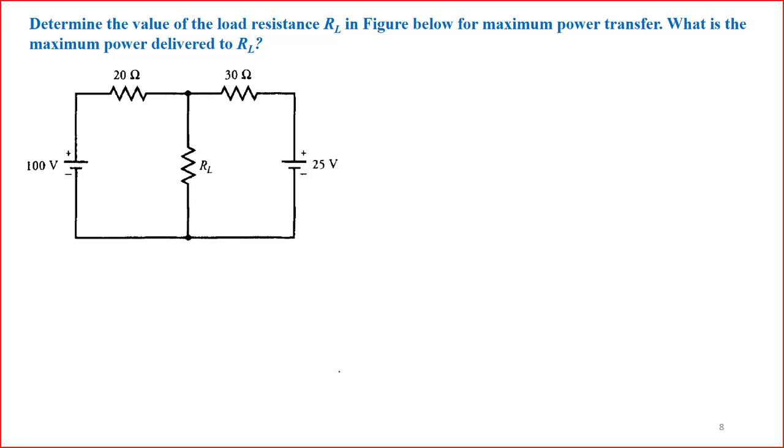It says determine the value of load resistance RL in the figure below for maximum power transfer, and we have to calculate the resistance RL by which we can transfer maximum power. We also need to find the maximum power delivered to RL.